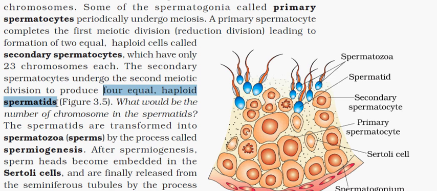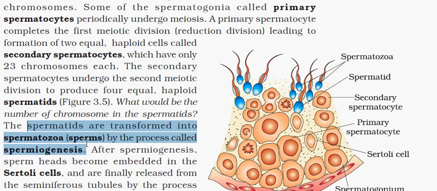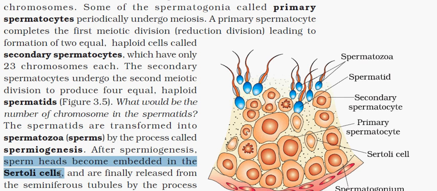And now this process is called spermiogenesis. After the spermiogenesis, the sperm head becomes embedded in the Sertoli cells. Sertoli cells are present in seminiferous tubules. So these sperms are released by the seminiferous tubule, and the process is called spermiation.